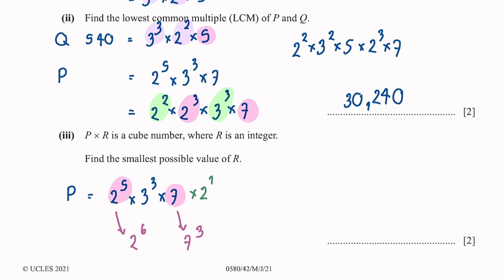And in order to convert 7 to 7 cube, I will have to multiply 7 square. And then, as you know, this is the value of P. And this number is the value of R, which is 7 square multiplied 2, which is 98.